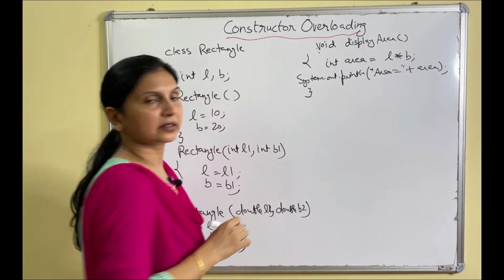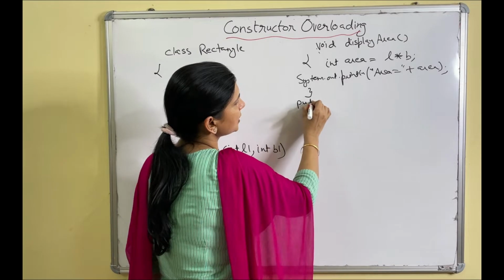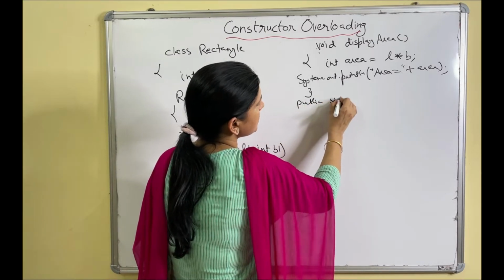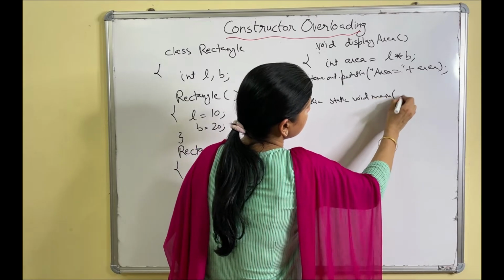And then this method will be closed. Now we will make the main function, public static void main(String args).